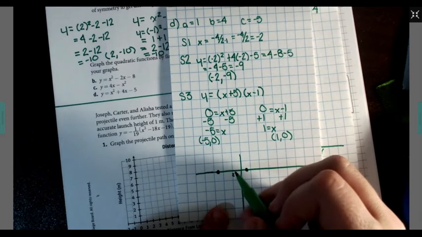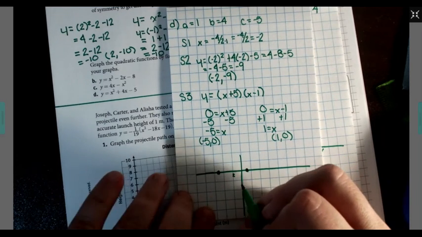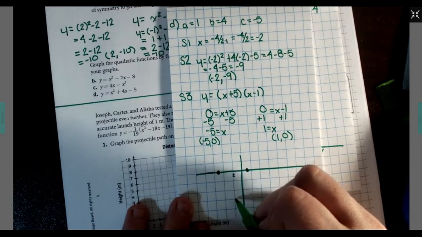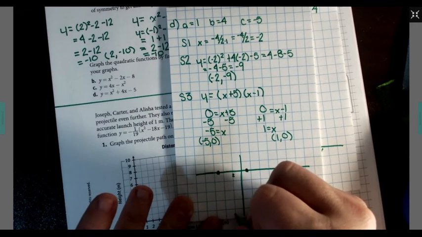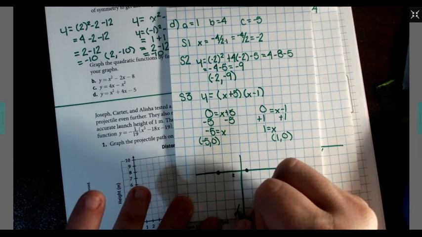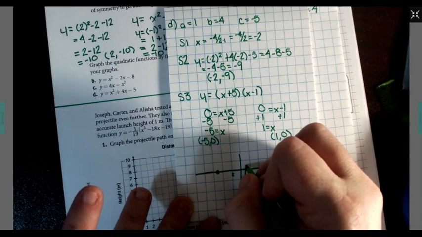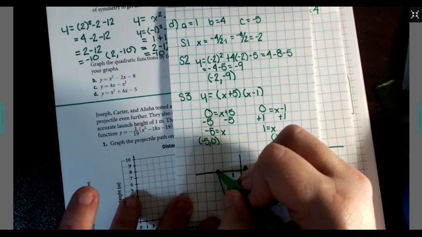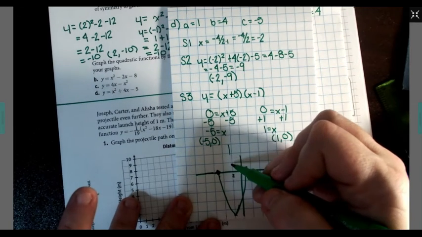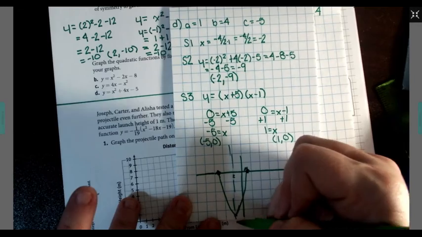We've got negative 2, comma, negative 9. This is 2, 4, 6, 8, 9. So it's going to look almost like this. And remember, your axis of symmetry is going to be along this line right here.